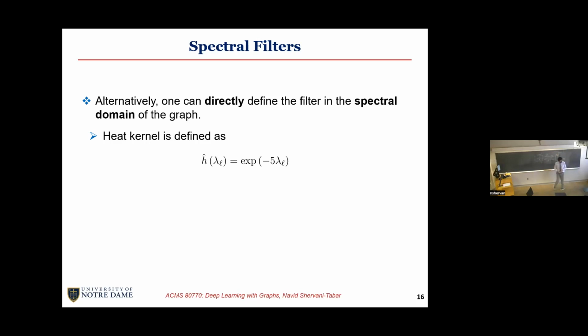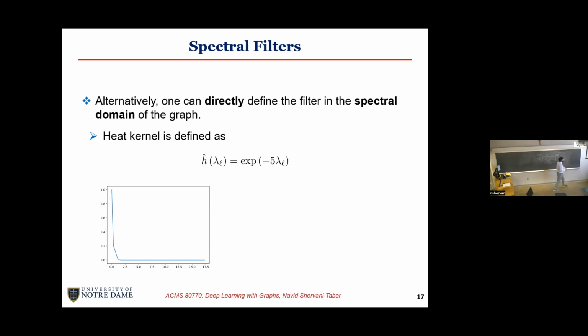Now, for instance, we have some graph, we take that graph and find its eigenvalues, and then we give that to this function, and this output is the response of this filter to these particular frequencies. And when we say eigenvalues of the Laplacian, usually we order them in ascending or descending order.